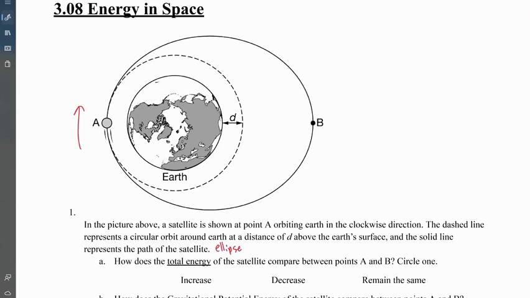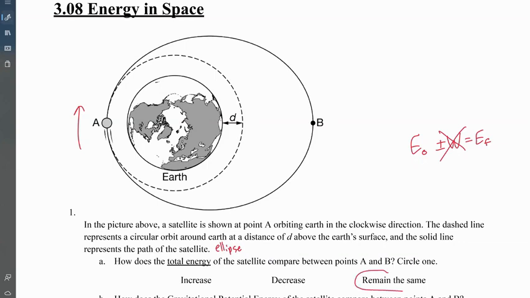Okay. Part A asks us, how does the total energy of the satellite compare between point A and point B? Well, total energy, E naught plus or minus work equals E final, but is our energy changing? Is anything actively exerting work onto this satellite? It's not. The only thing that's happening is it's moving further away, so it's changing its gravitational potential energy.